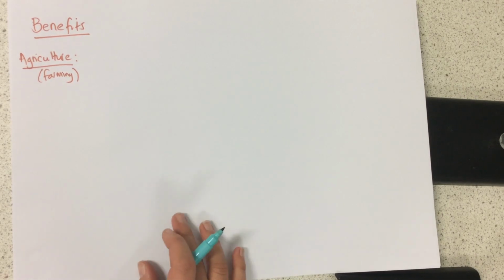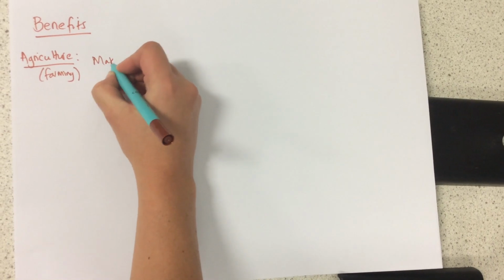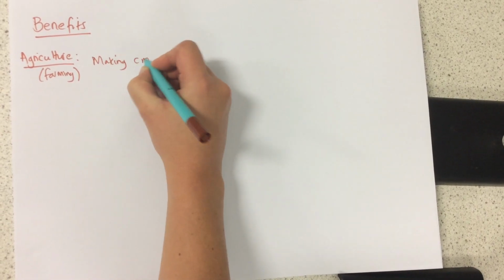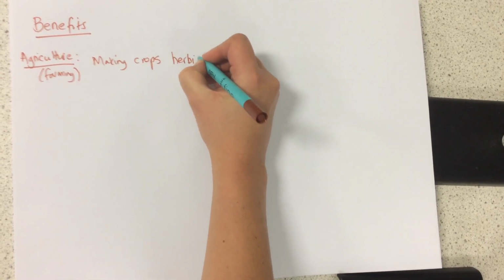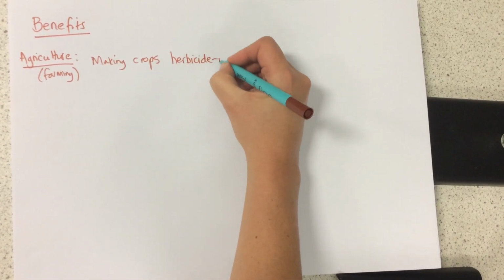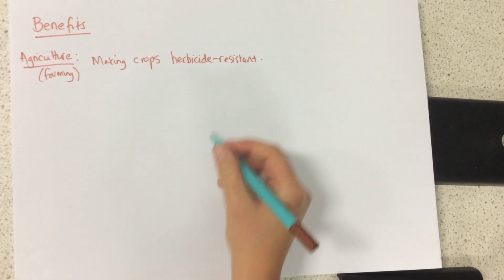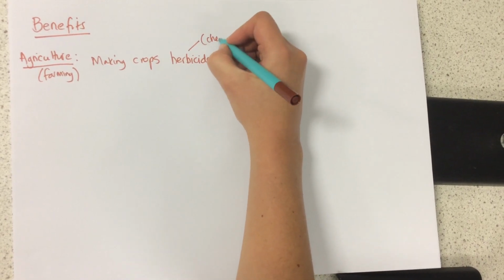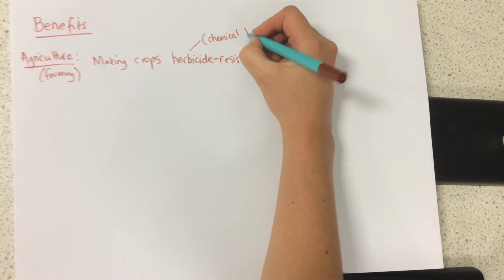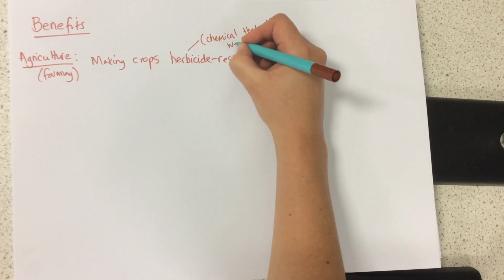So what that means then is the farmers can spray their crops, and it will kill all of the weeds without affecting the crop itself. Okay, so first of all, making crops herbicide resistant. Remember that herbicide is a chemical that kills weeds.